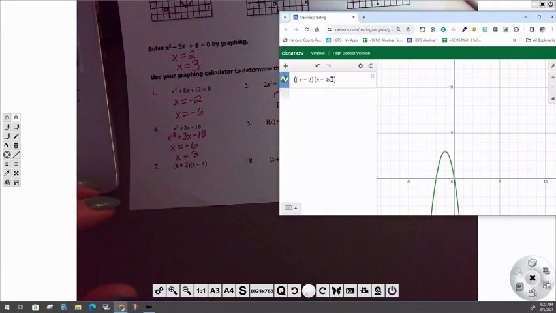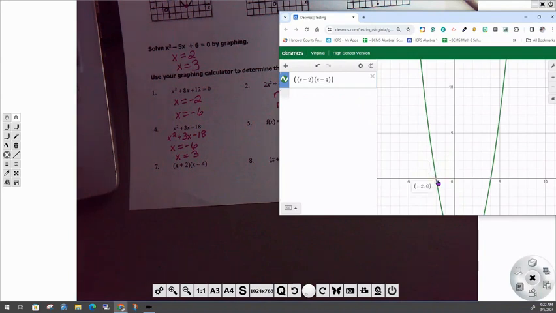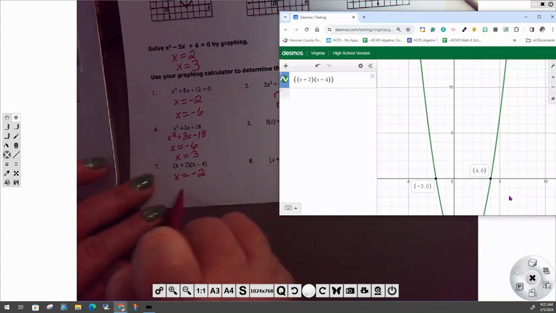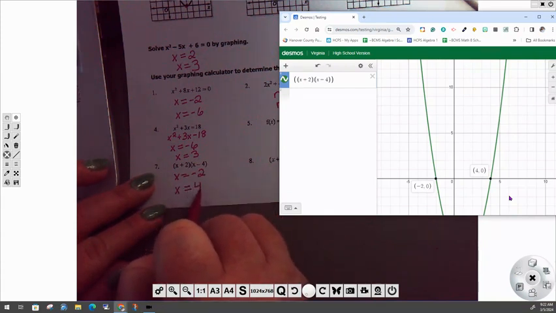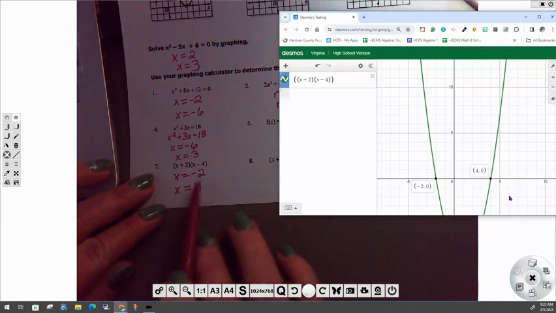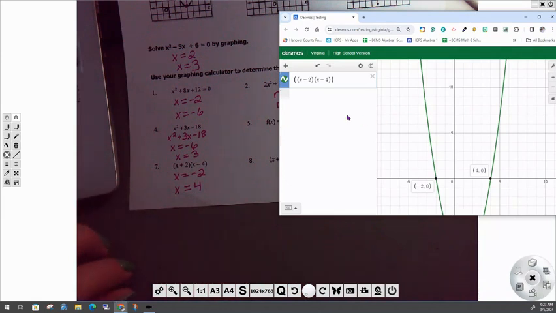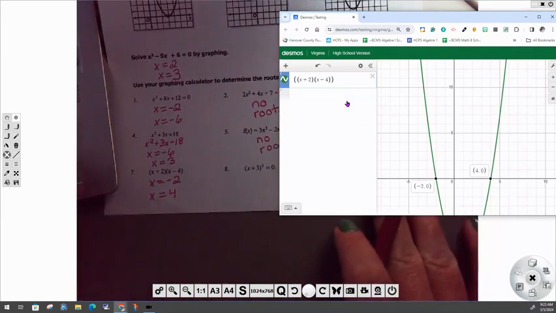That's okay. Oh, I got an extra x in there. Hold on. That's why. There we go. Now we got our points. So I have x equals -2 and x equals 4. Well, that's interesting. You notice that? 2, 4? Huh. Let's see if it works for the next one.